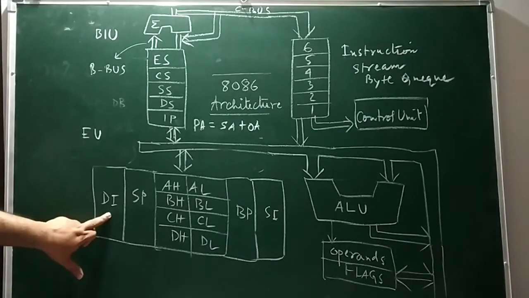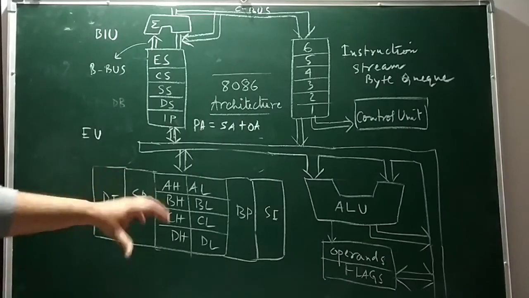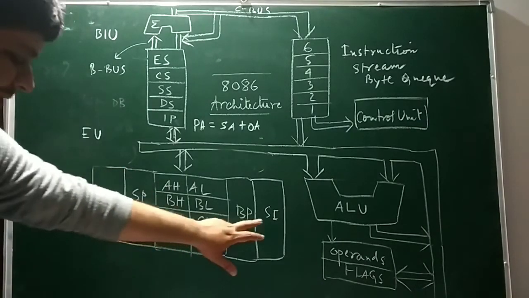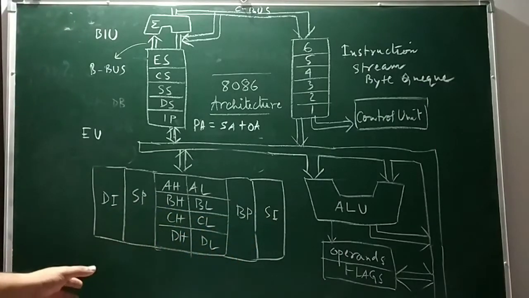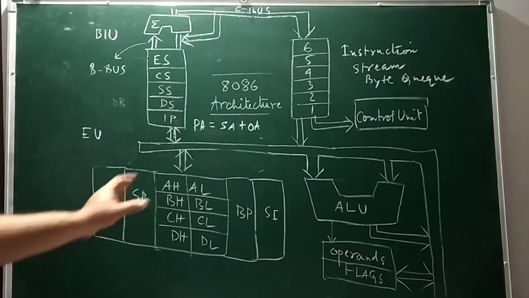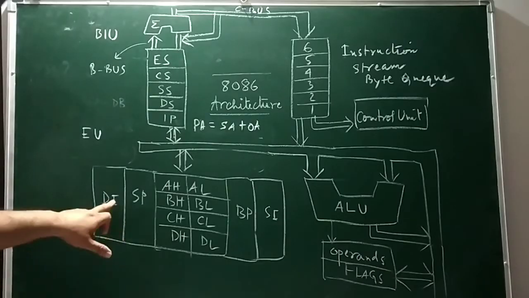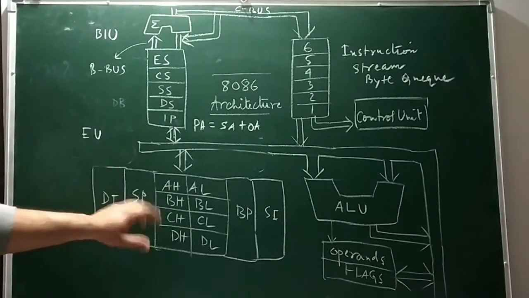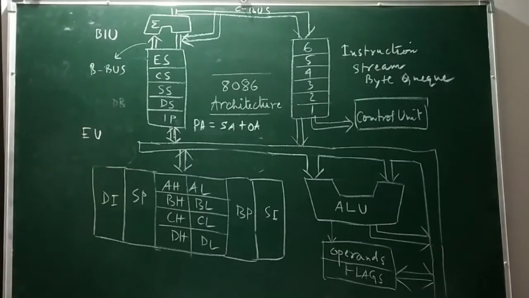The register DI is used to store the offset of the destination of the data in the data or extra segment. So SI is used to store the offset of source data in the data segment, and DI is used to store the offset of the destination in the data or extra segment ES.